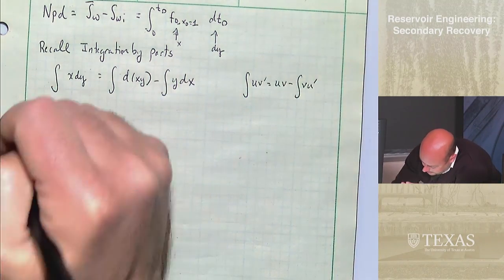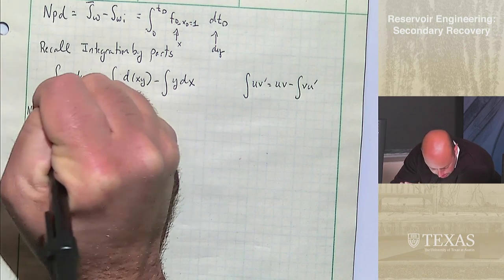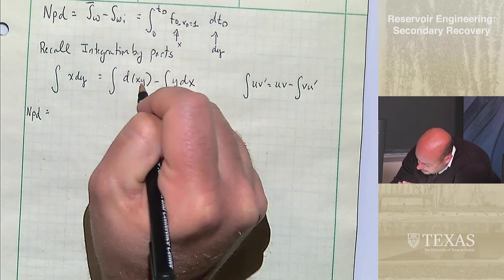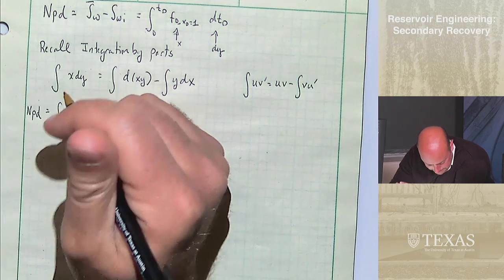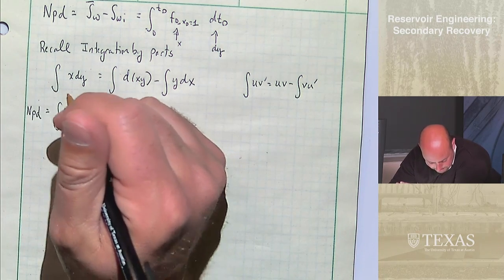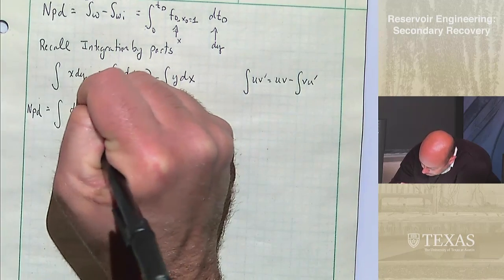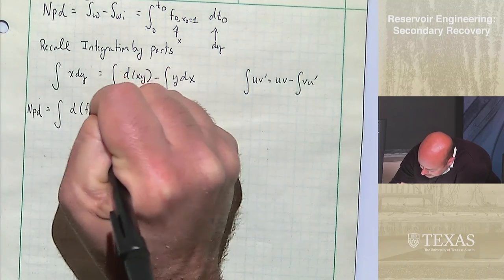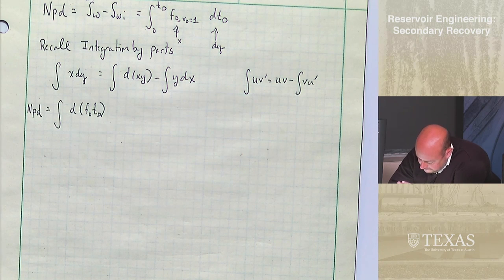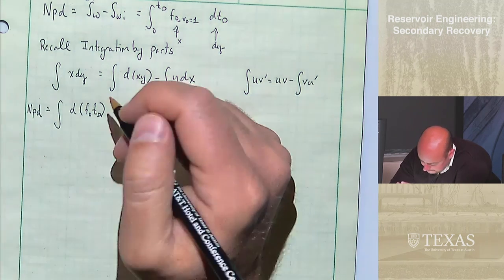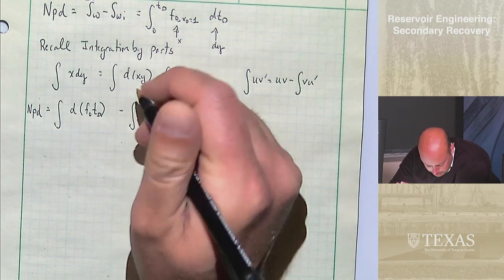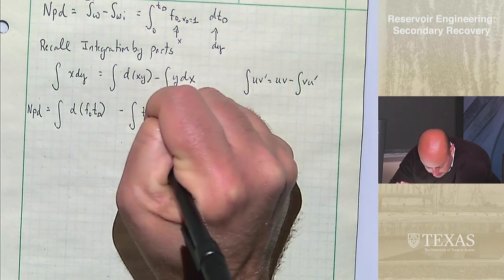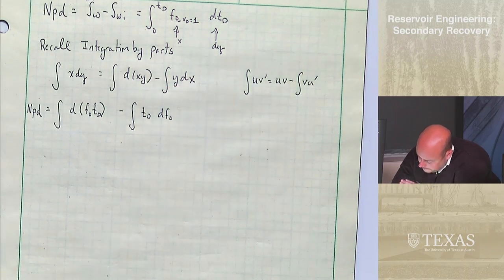So I can say that NPD is the integral of d(FO TD) minus the integral y dx. So that's minus the integral of TD dFO. I got to think about my limits of integration.